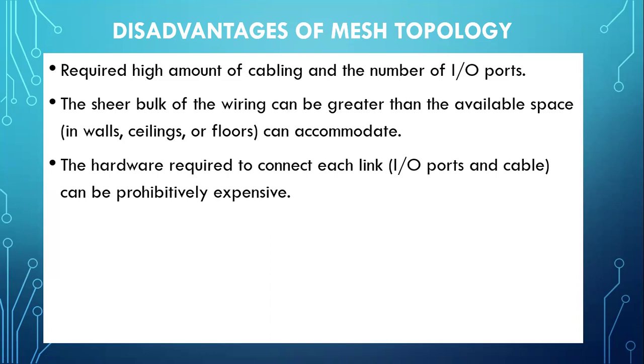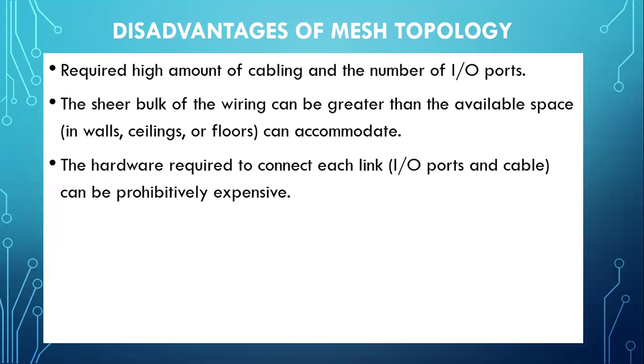In fact, it can be a problem compared to the available space. Other than that, the hardware required to connect each link, here the I/O ports and the cable, can be prohibitively expensive. So in such a way, it can be really disadvantageous for the mesh topology.